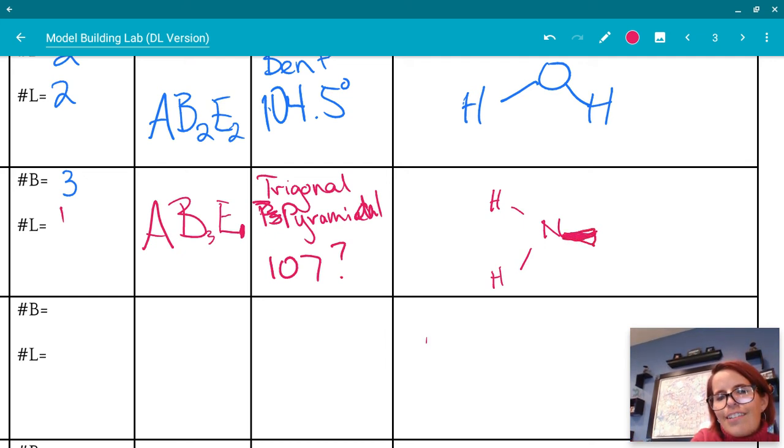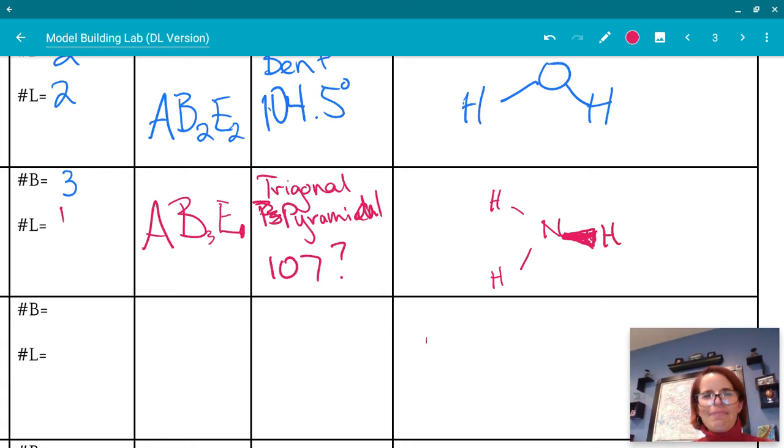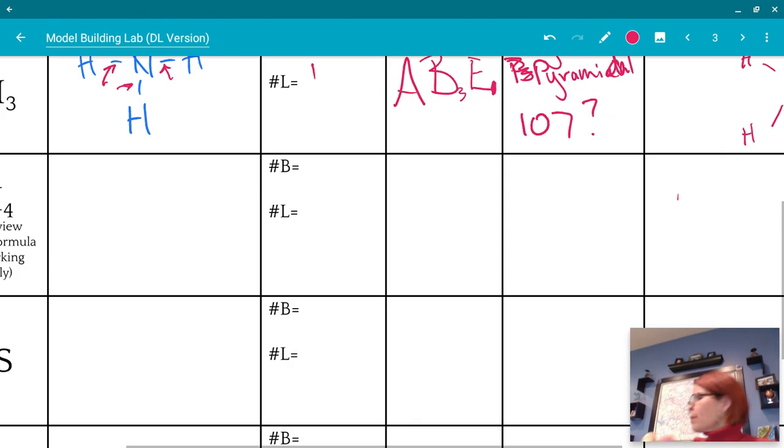Boy, is this hard to do, sorry. If I could have just folded over my paper and didn't have to have my screen up in the air, I could have done it better. But that's my three-dimensional diagram of ammonia, or nitrogen trihydride. I'll do one more just so you feel good about it.